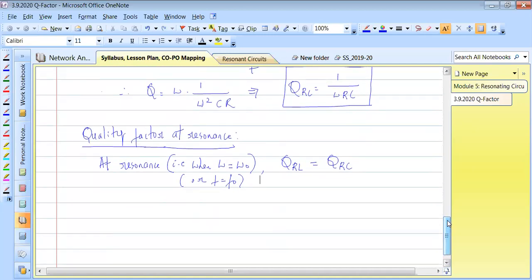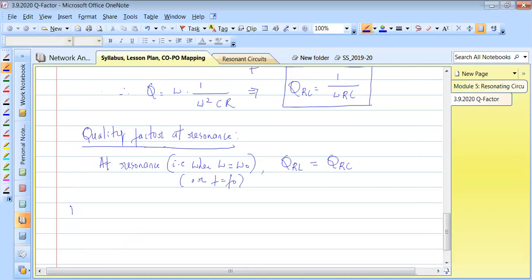So you should remember, I'll just write here for your reference the conditions that we have obtained so far at resonance. What is at resonance?